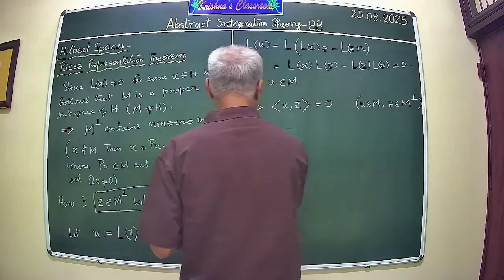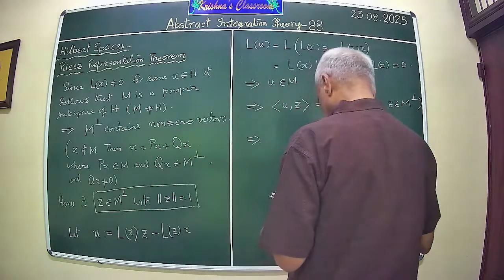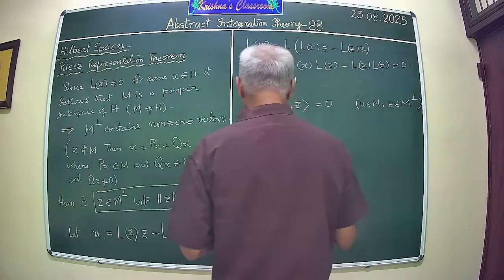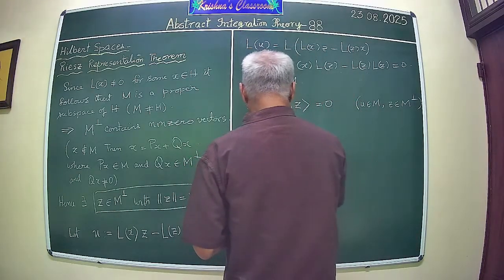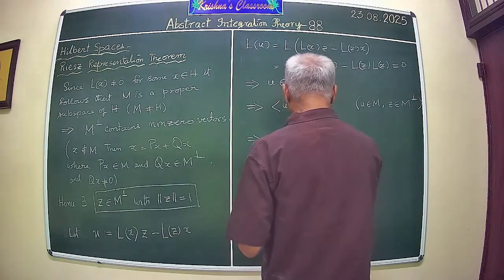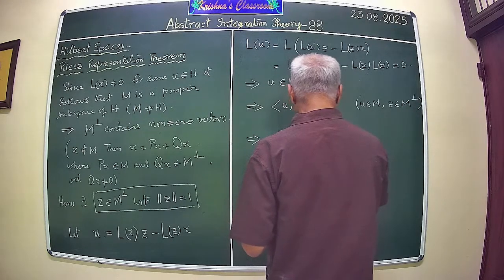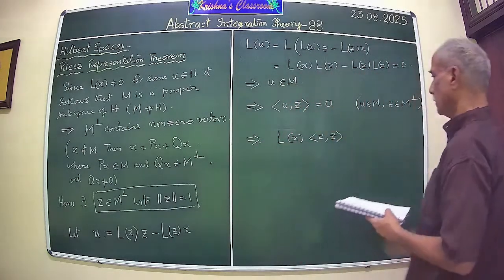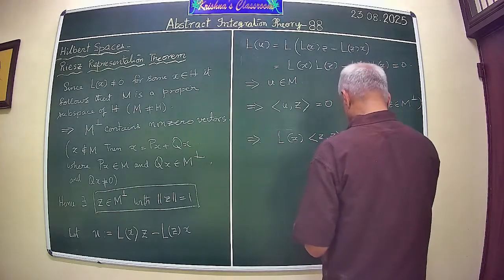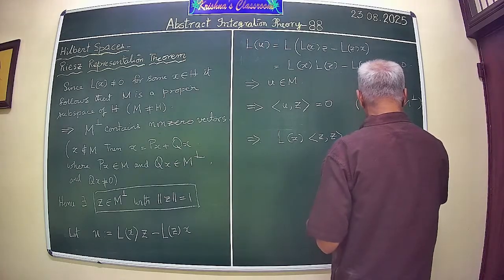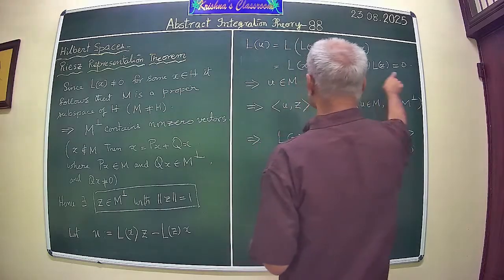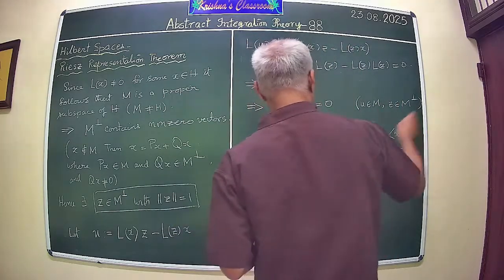And that implies Lx times the norm of z squared minus Lz times the inner product of x and z is 0. We are just expanding this. Put u equal to this expression and then expand it.